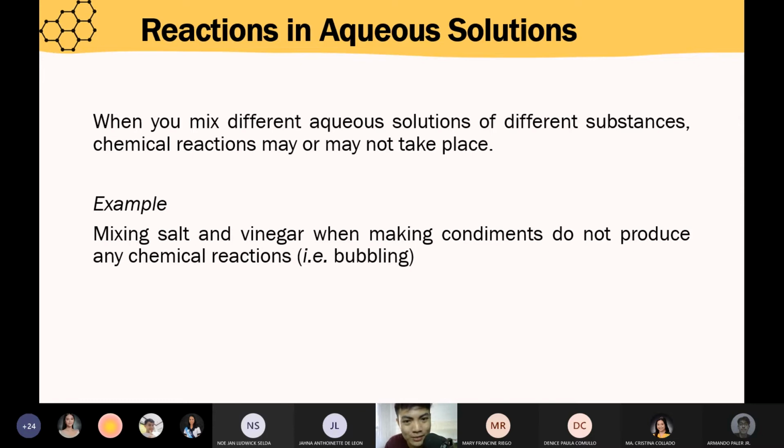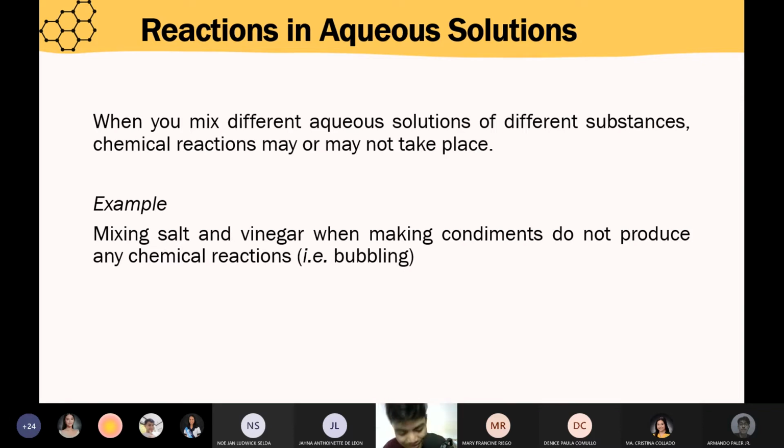Okay? So again, hindi lahat ng aqueous solution, pag pinaghalo mo, may reaction. For example, pag pinaghalo mo yung suka pati toyo, may nangyayari ba? Wala, di ba? Wala kang nakikita sumasabog, wala kang nakikita namumuo. They just mix homogeneously.